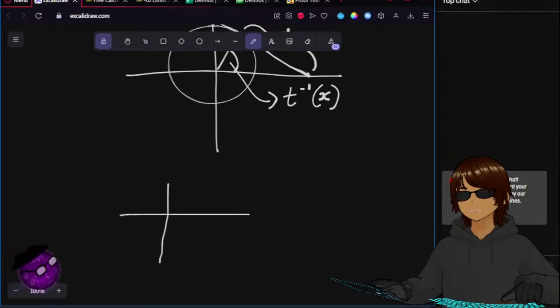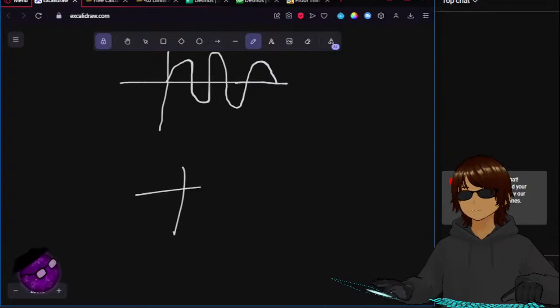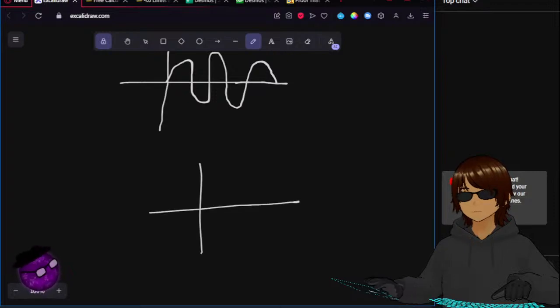you have sine x, which is normally like this. But if you're dividing it by x, the wave will get smaller as x gets larger, because you're dividing by that number.